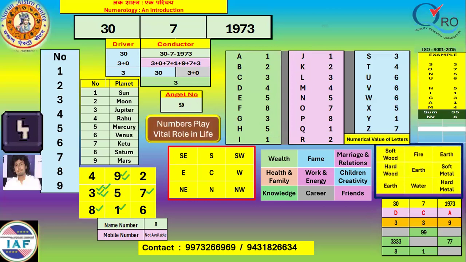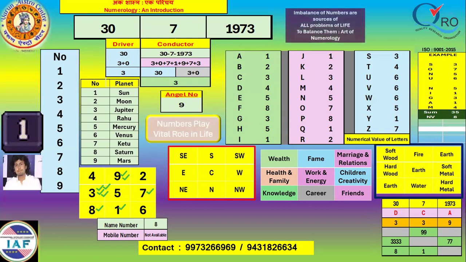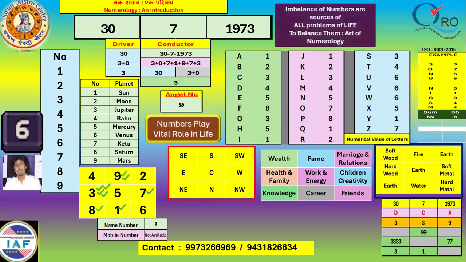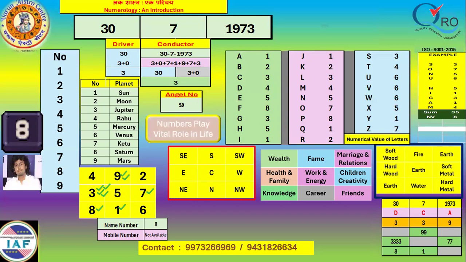The remedial measures can be done through the elements which are missing for the native. The native should take care about diseases also. Some diseases may crop up because of missing numbers if he is not getting them from a spouse. Maybe his mobile number is also giving missing numbers.